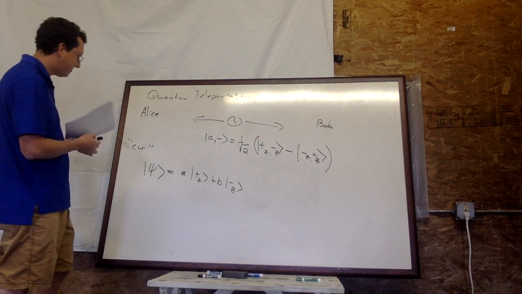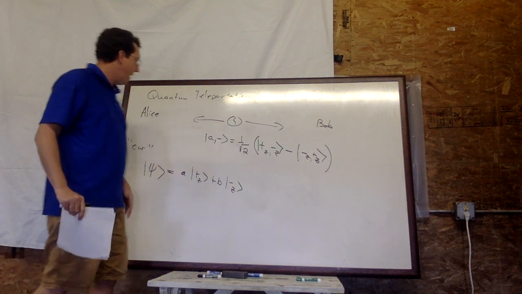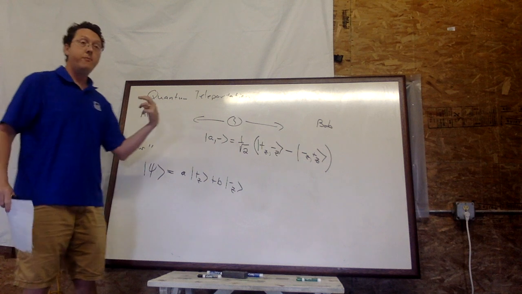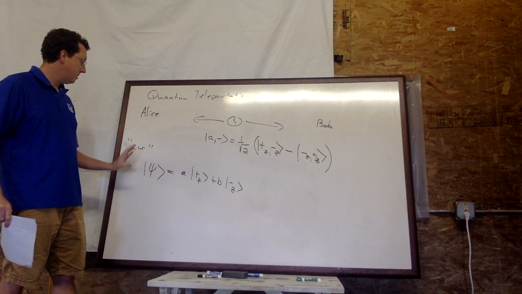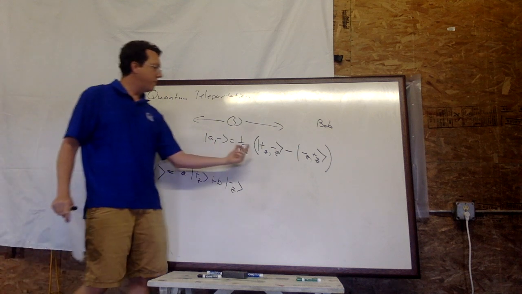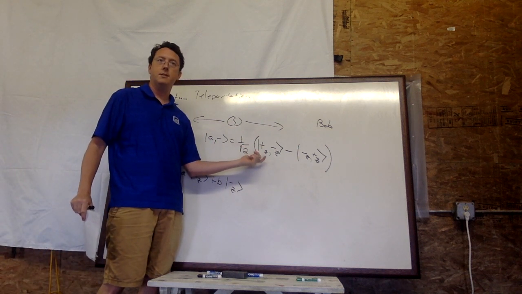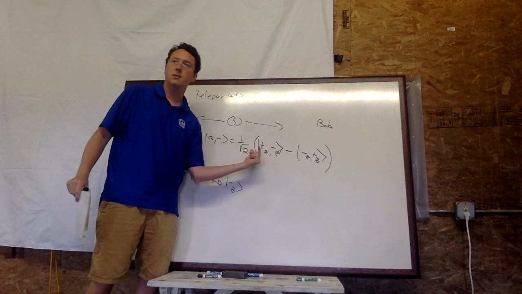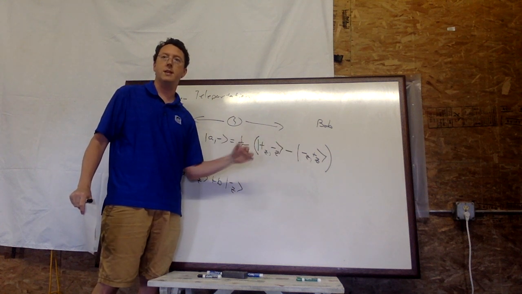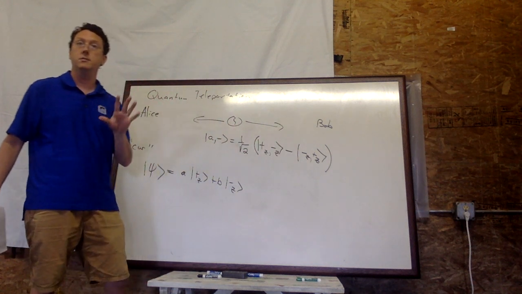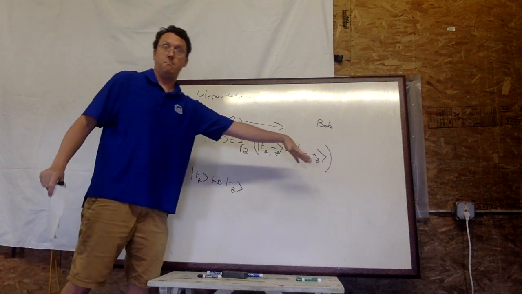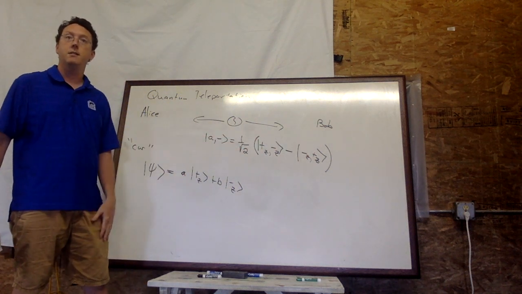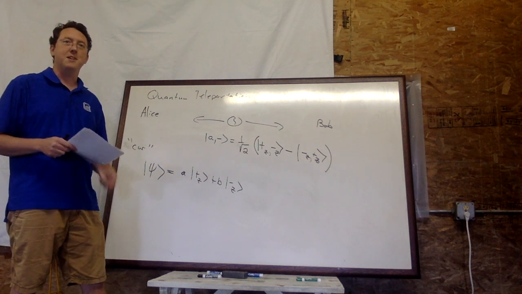So what information does Alice have? Alice has psi, and she has whatever part of this is hers, basically the first factor. So that's the information she has access to. And Bob only has his half of that. Marcus, you had a question?